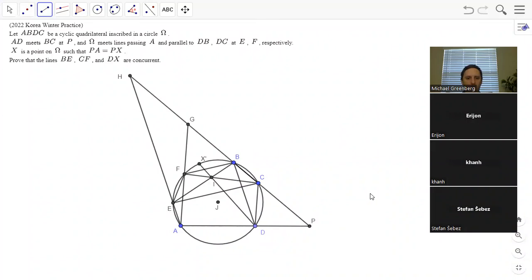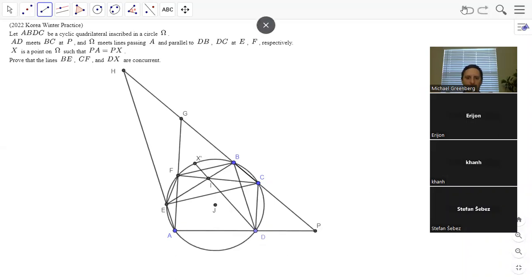So I will remind you of one theorem about involutions, and that is that if we have these 6 points on the circle E, F, X prime, B, and C, and actually we will define X as in the problem. Then if we have an involution which swaps X and D, E and B, and C and F, then those 3 lines concur, which we need to prove.